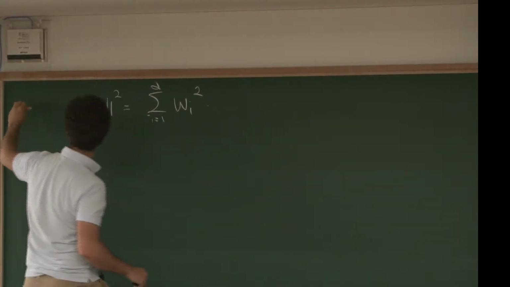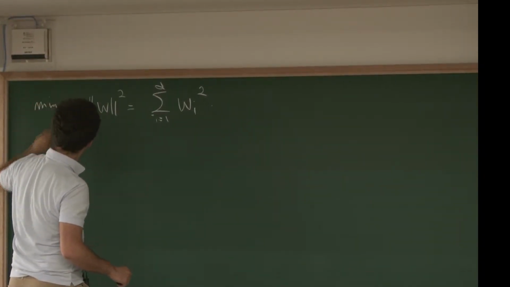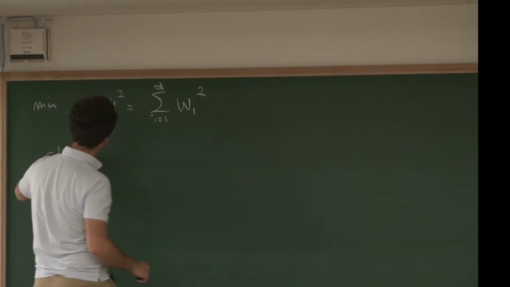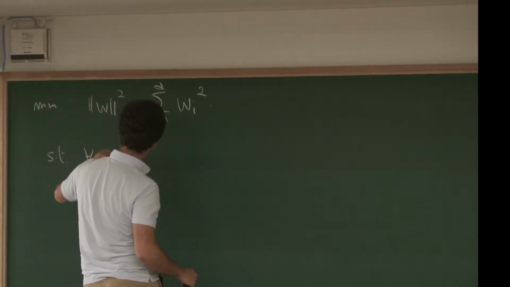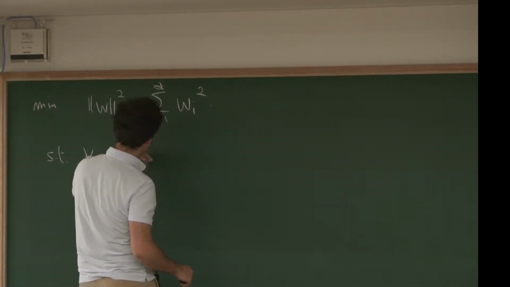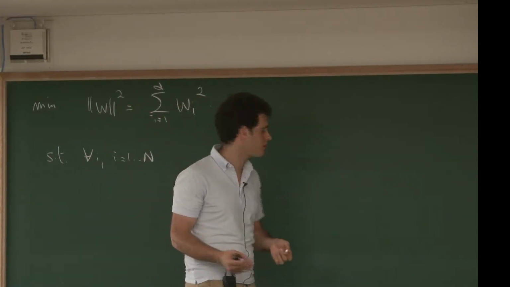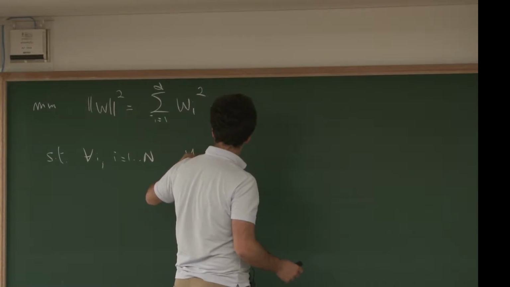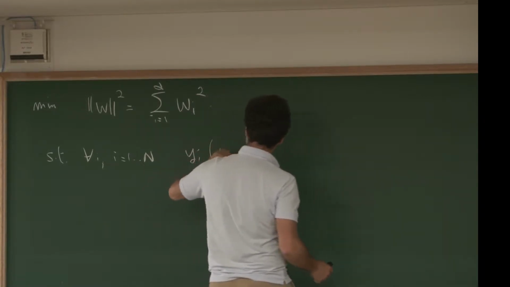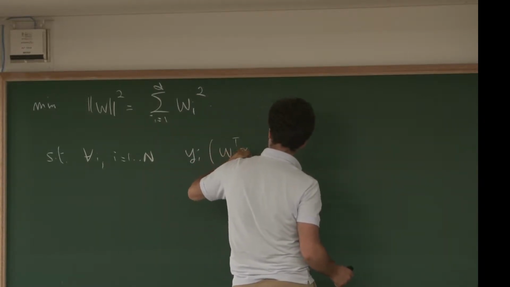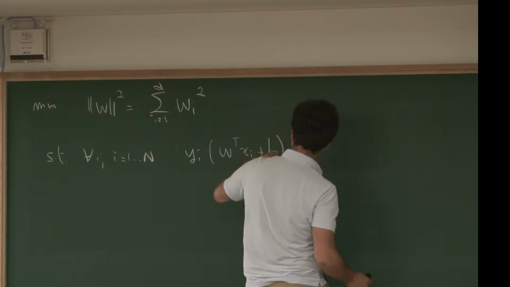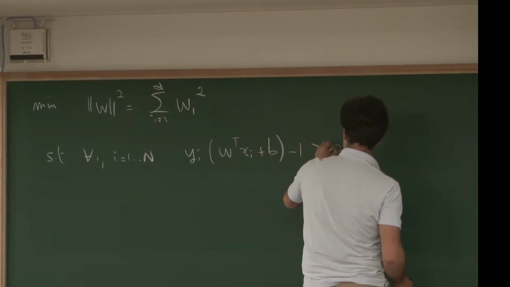We want to minimize this, with the constraint that for all i equals 1 to n, we have n constraints, n being the number of points, yi times w transpose xi plus b minus 1 is non-negative.